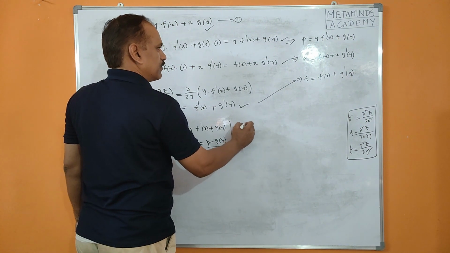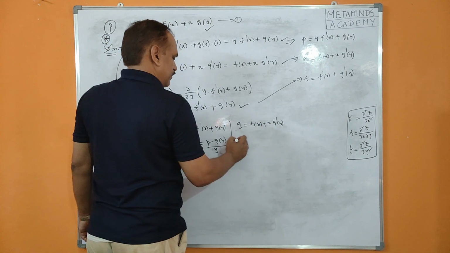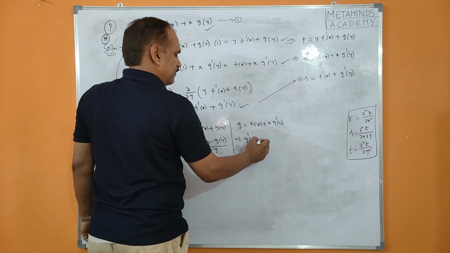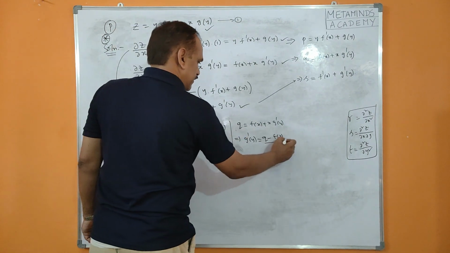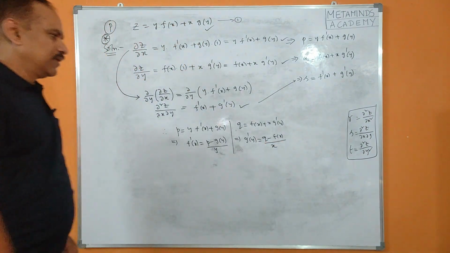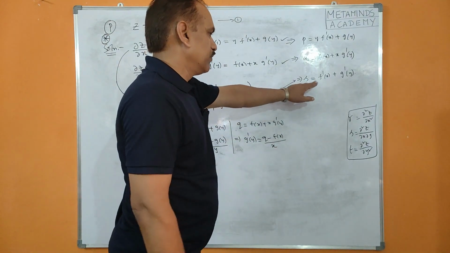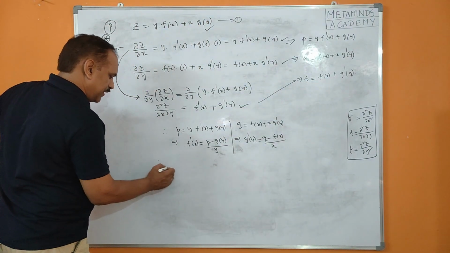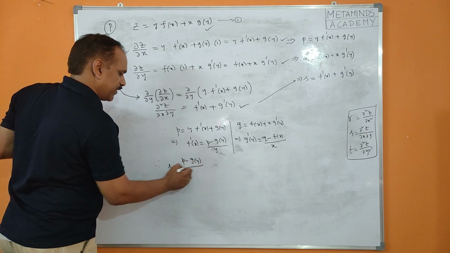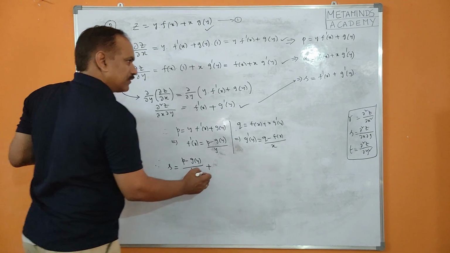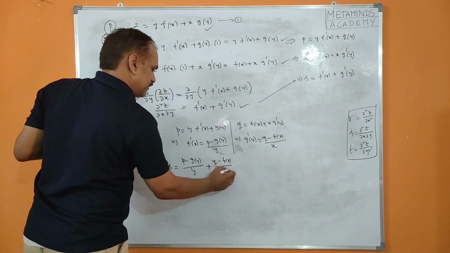Q equal to f of x plus x g dash y implies g dash y is q minus f of x by x. Now you replace both f dash and g dash in the fourth equation. So therefore s equal to p minus g of y by y plus q minus f of x by x.